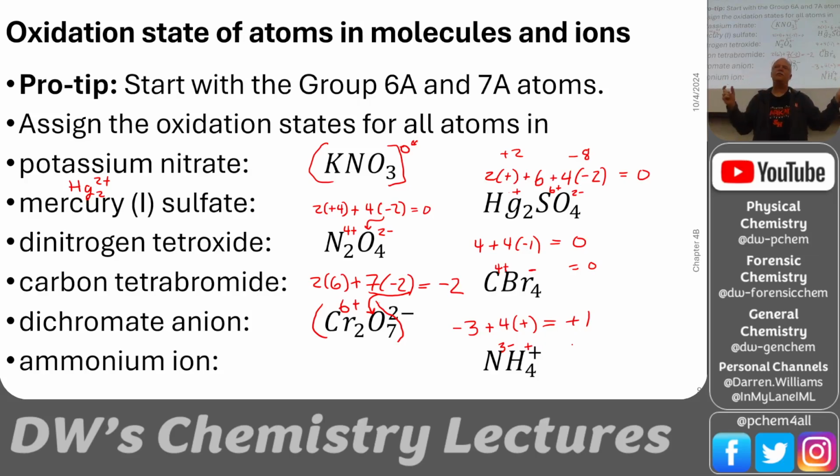Because you'll never see electrons in just the molecular formula. You won't see the electrons in the reaction. That's what's happening as they go past the arrow. They're changing electrons. So how do you detect when electrons have changed hands? You look at these oxidation numbers. And if the oxidation numbers have changed, like you go from NH4+ to N2, you know that nitrogen was a 3- on the ammonium ion, and now it's a 0. It had to have lost electrons. And so that nitrogen was oxidized as it went past because it lost electrons.